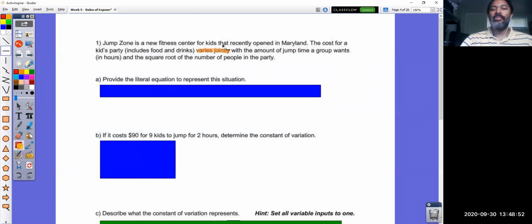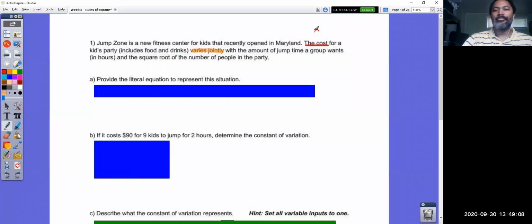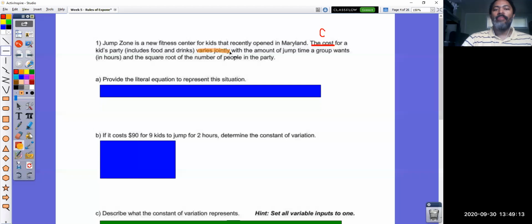The cost for a kid's party, so the cost is going to be our dependent variable. I'm going to use the letter C for cost. Varies jointly, so that's our equals k.